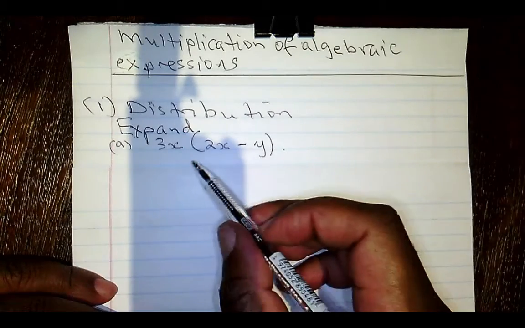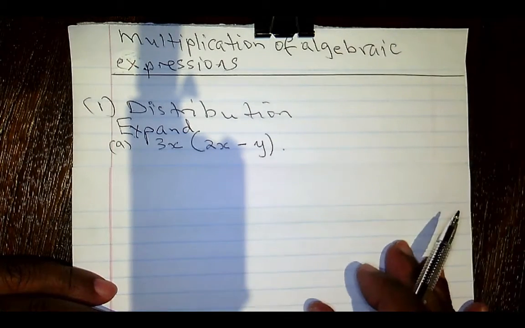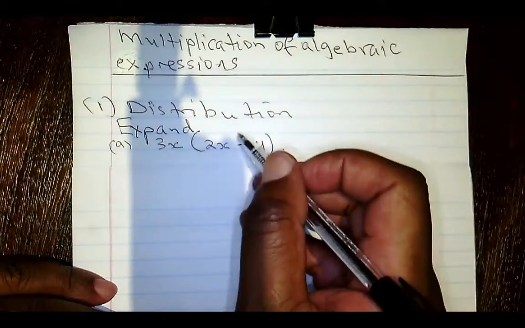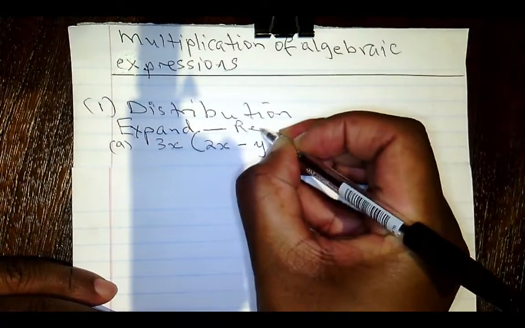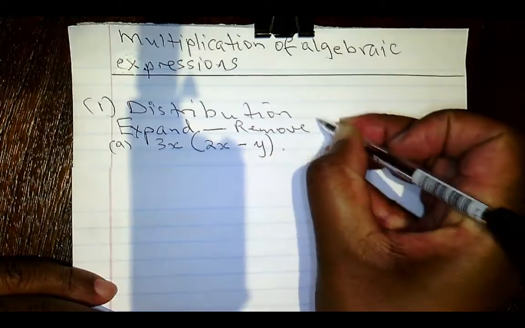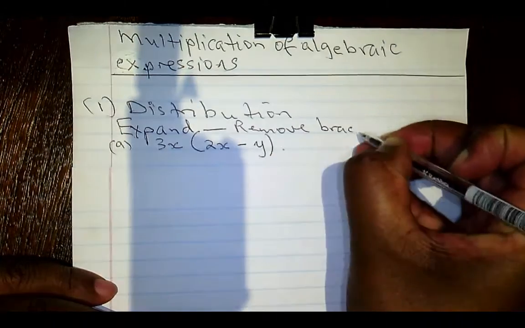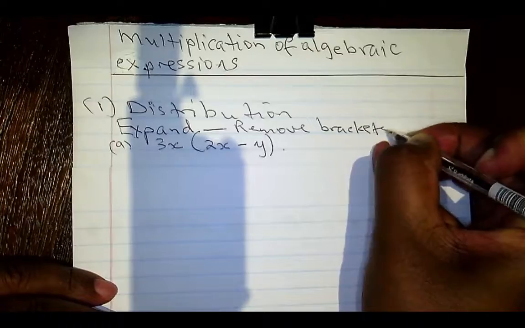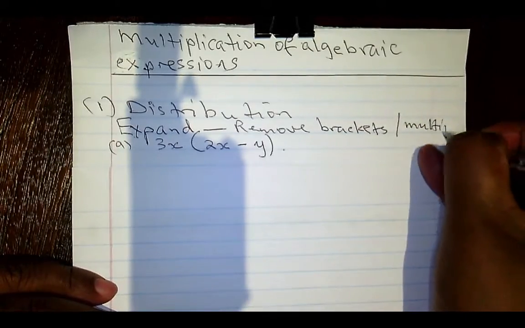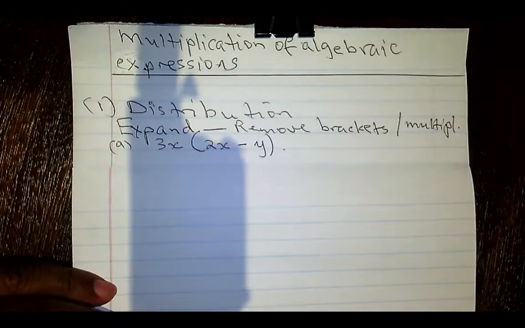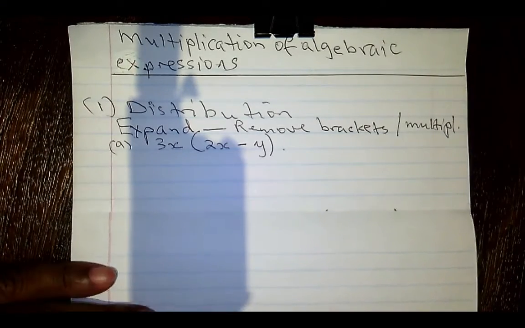So expand, and then you are given this. Now to expand is just to remove brackets. So the question is asking you to remove those brackets using multiplication. So you just multiply and remove the brackets.